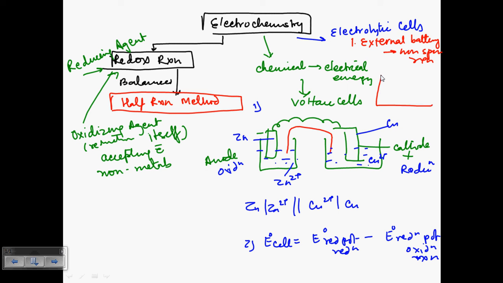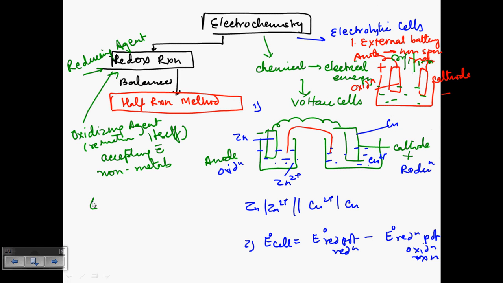And generally it's one big chamber in which both the electrodes are there, and oxidation is still happening at the anode, but the anode is positively charged and the cathode is negatively charged. And there is a battery. The positive end of the battery is attached to the anode and the negative is attached to the cathode, and you will have some kind of solution in there. So that is the main difference between electrolytic and voltaic cells.